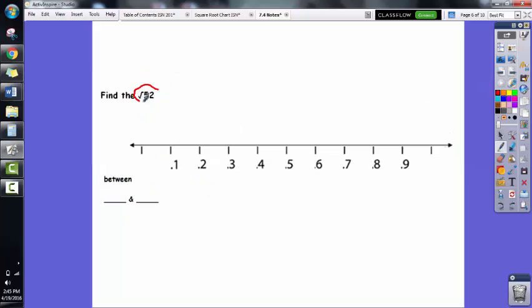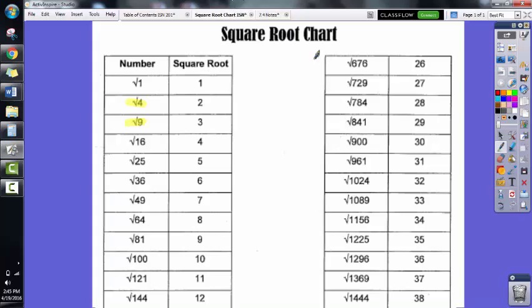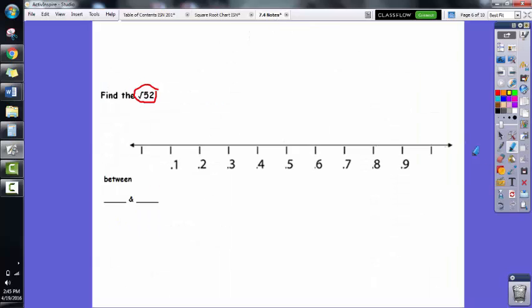Square root of 52. So I'm going to look at my chart here and try to find the square root of 52. Well, I see 49, 64, square root of 49 is 7, square root of 64 is 8, 52 is somewhere in between there. So the square root of 49 and the square root of 64, it is in between.